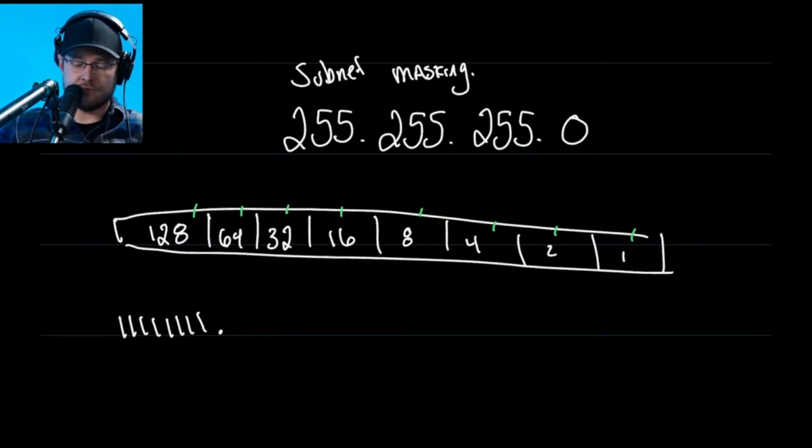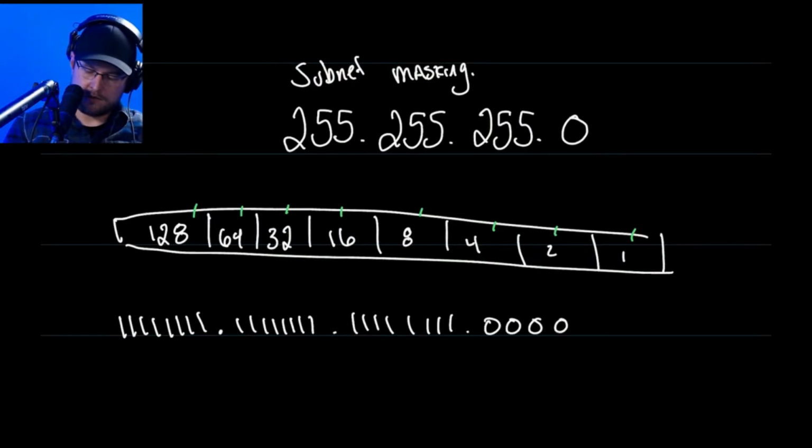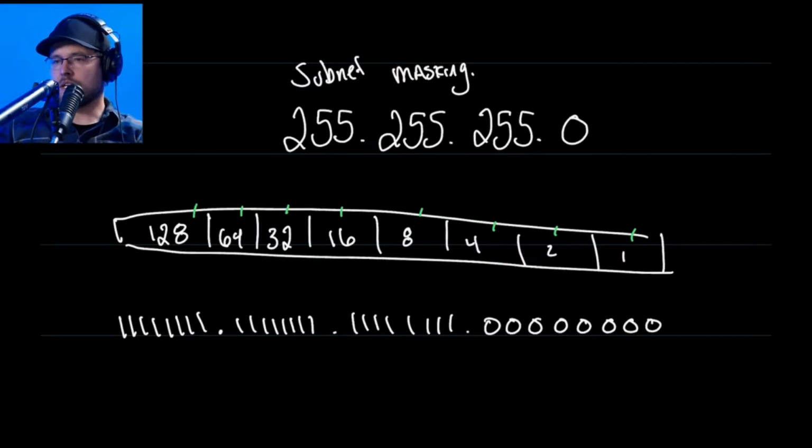So 255.255.255.0 in binary looks like this. Because 0 is obviously none of those bits are being used during this.